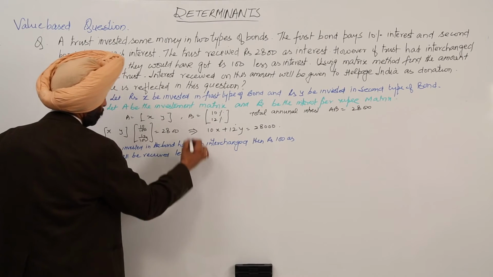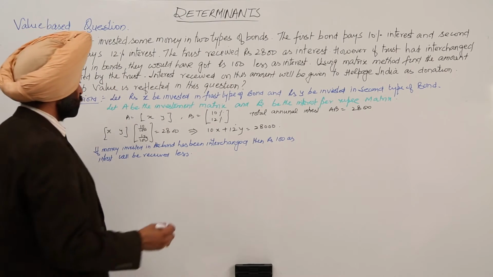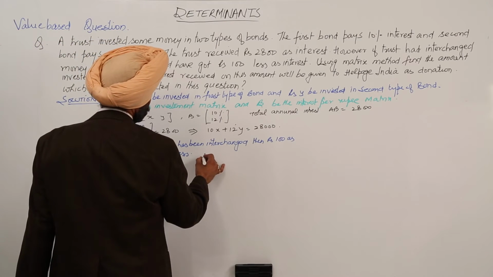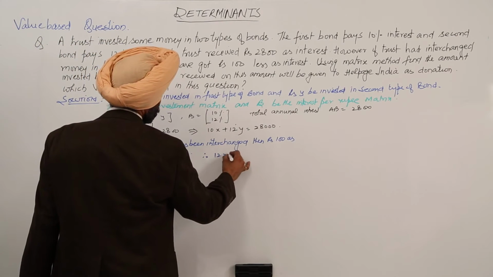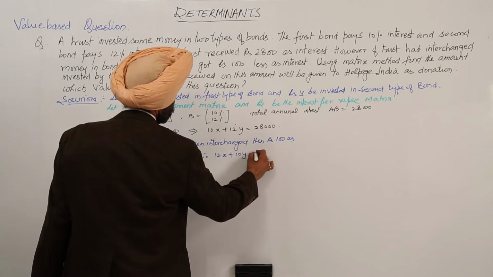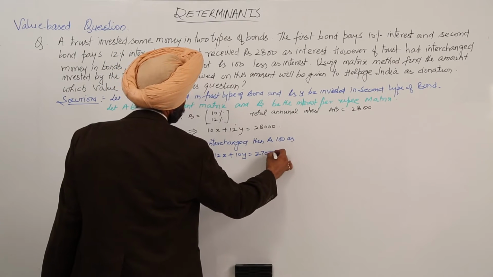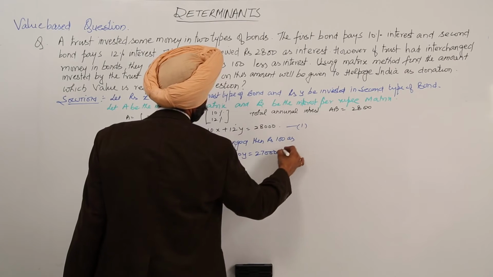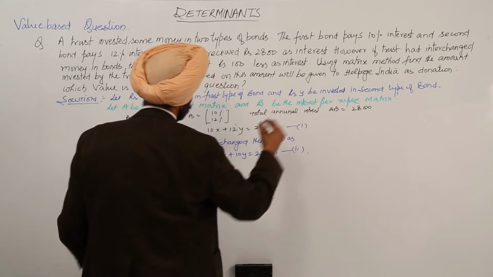Now, what will the equation be? Therefore, 12x plus 10y is equal to the new amount. Now, this is equation 1 and this is equation 2.